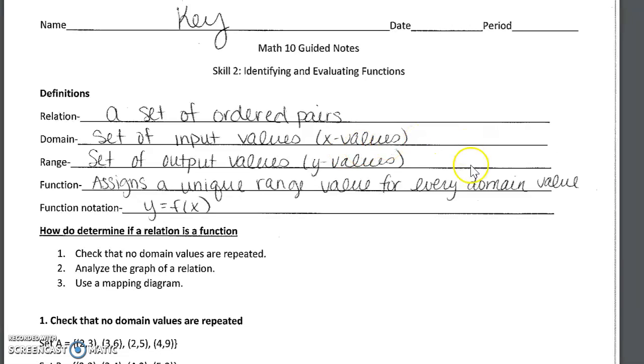And then underneath there, which I think will be the most complicated part of the day, is that y is equal to f of x. This f of x, that's how you read it, is called your function notation. So you won't see y's anymore in function notation. You will only see f of x. And you'll see that later on at the end of the lesson. We'll talk about evaluating in function notation and how to do that.